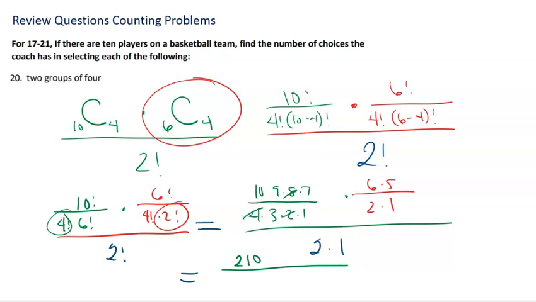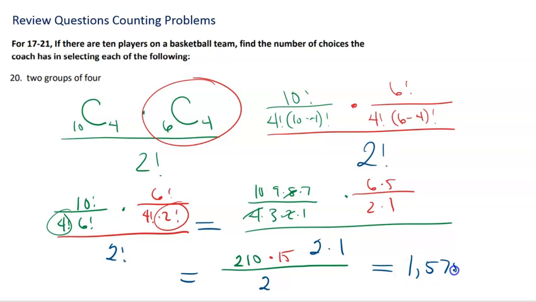Now for my combination of 6 choose 4, I have 30 on top divided by 2, that's 15. And then, of course, that's divided by 2 times 1, which is 2. And my final answer is 210 times 15, and that's divided by 2.